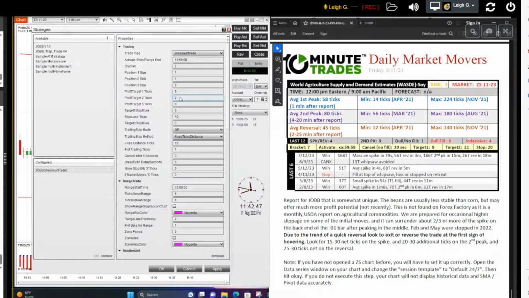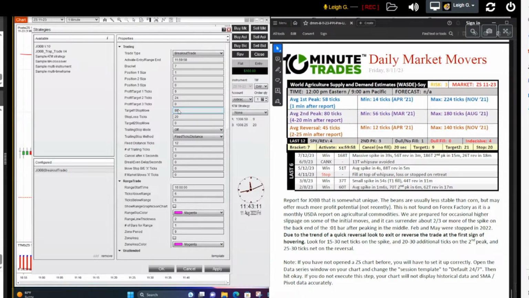The stop is 20. And if my first target gets hit, I am going to use target 1 stop move. Even though it cost me money in my first trade today, this is a report that definitely has a tendency to reverse. So I'm going to do a break even minus 3.